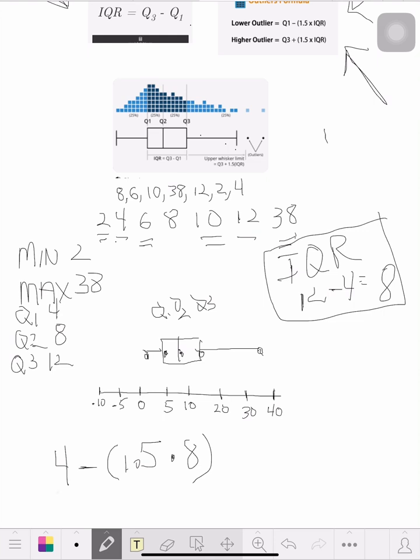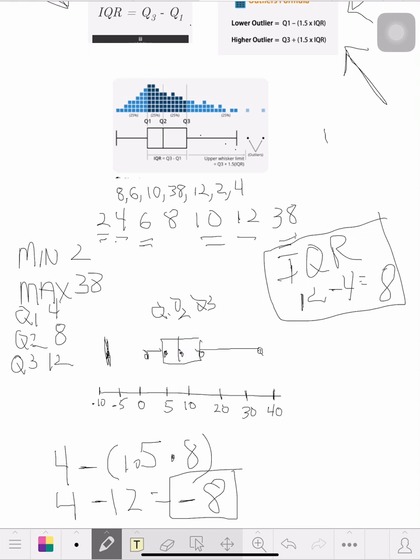So it's 4 minus 12 equals negative 8. So the first one's negative 8, so I'm going to write it way down here. That means anything beyond negative 8, this is your last acceptable number. Anything on the left-hand side of that, so that'd be a small number, we're going to throw out. We're not even going to count.